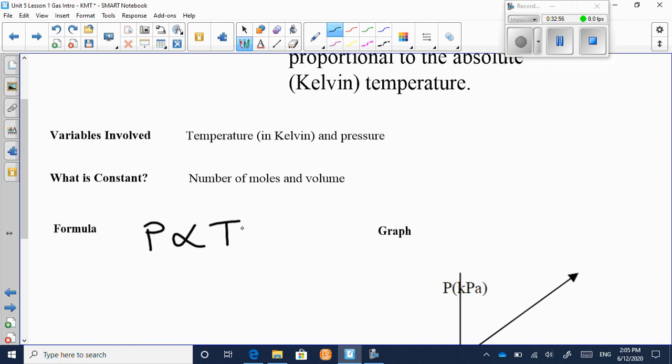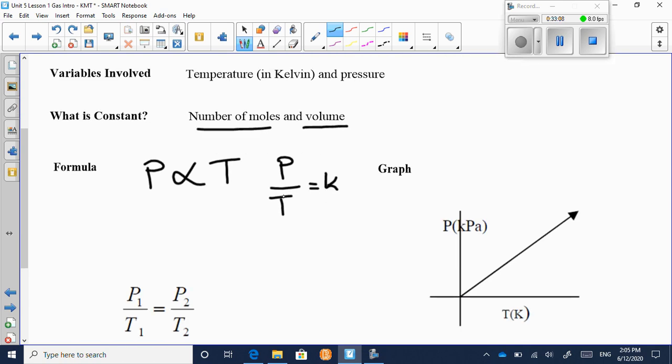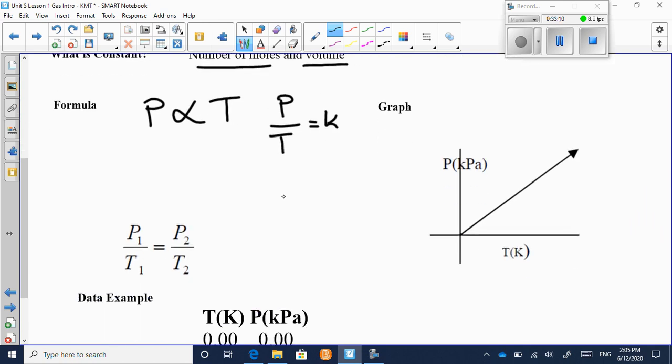And so essentially what this says is that the pressure divided by the temperature is going to be constant as long as the volume and the number of moles remain constant. And so we write that as a gas law by saying P1 over T1 must equal P2 over T2.